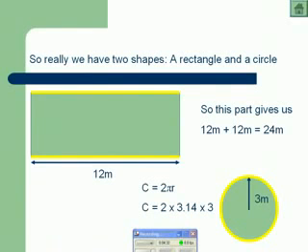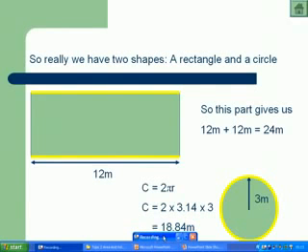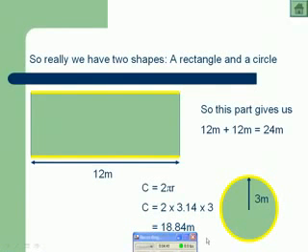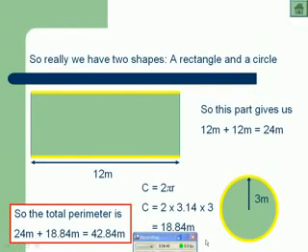So our circumference is 2 times 3.14 times the 3. So it's going to be 18.84 meters. So our total perimeter, if we add these together, will be 24 plus 18.84, so that's 42.84.